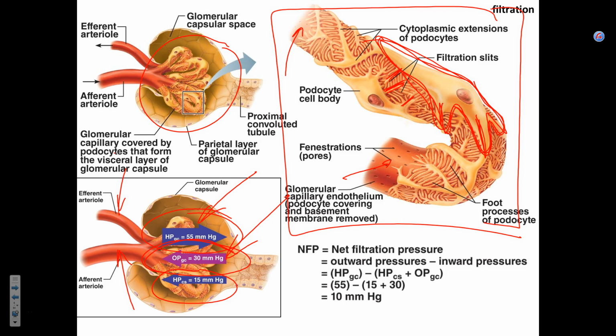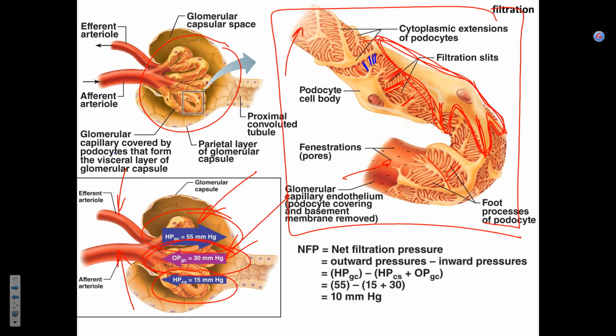These foot processes, okay, that surround the capillary. Now, between these foot processes are so-called filtration slits. You can see the little slits, and those slits, in fact, determine the process of filtration. Am I making sense here?